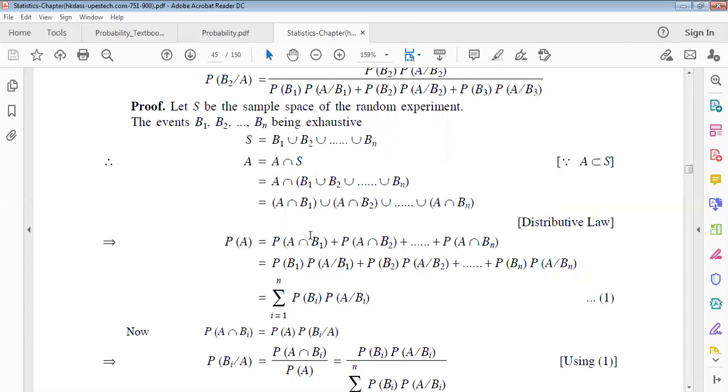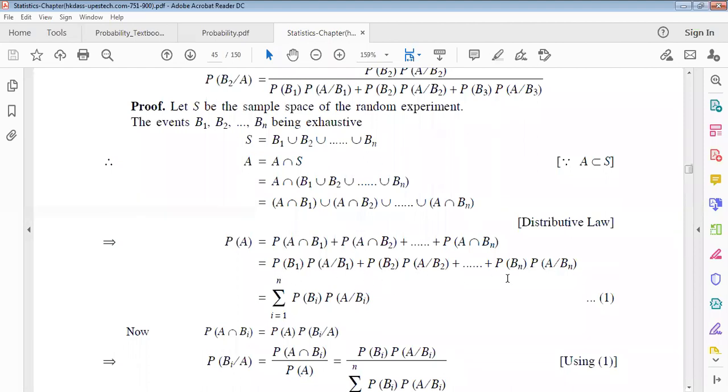And for probability of A intersection B1, from the multiplication law, we can write probability of A intersection B1 equals probability of B1 into probability of A when B1 has happened, plus probability of B2 into probability of A when B2 has happened, plus up to probability of Bn into probability of A when Bn has happened.